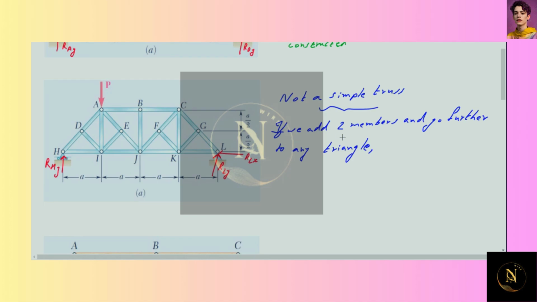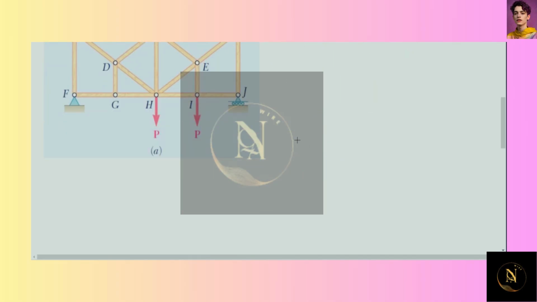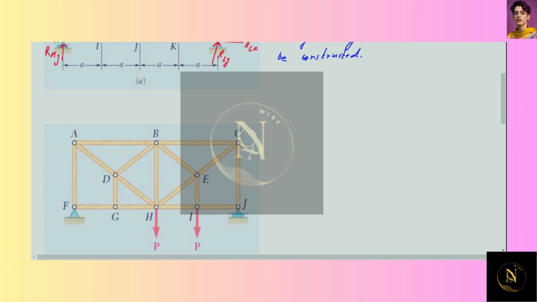If we add two members and go further to any triangle, the truss cannot be constructed. Because of this reason, this is not a simple truss. Now let's move to the next one, the last truss.